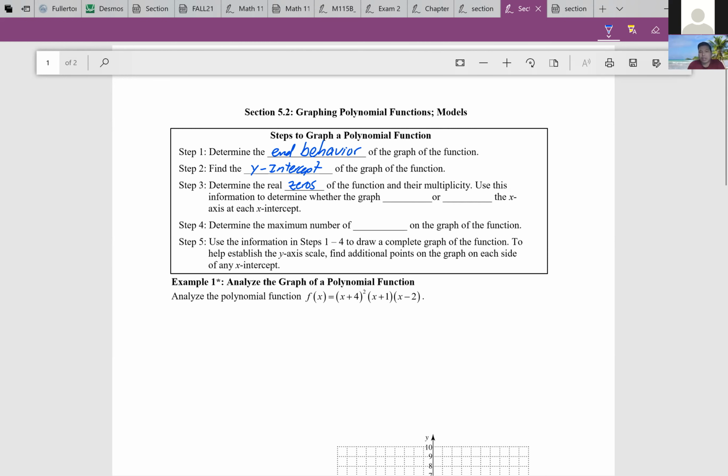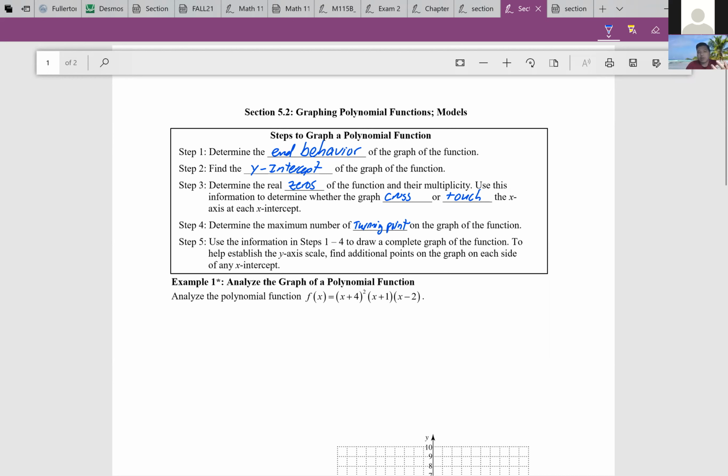Real zero is the same thing as x-intercept, and use this information to see whether the graph will cross or touch the x-axis at each intercept, okay? It's also helpful to determine the number of turning points on the graph of the function. And then we're going to use those steps to find a complete graph of the function, all right?